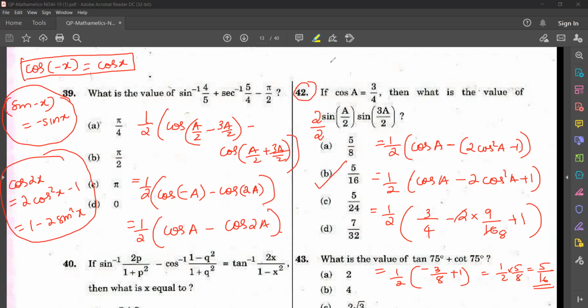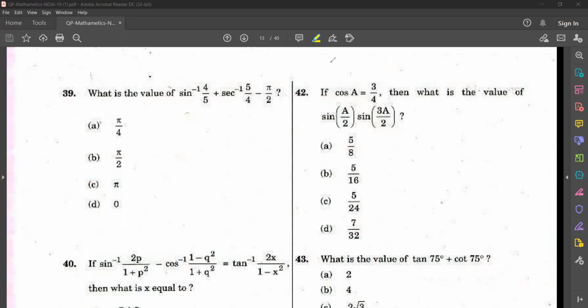I'll show those formulas on the whiteboard. Please see that. These formulas you have to learn by heart anyway. Very useful formulas.